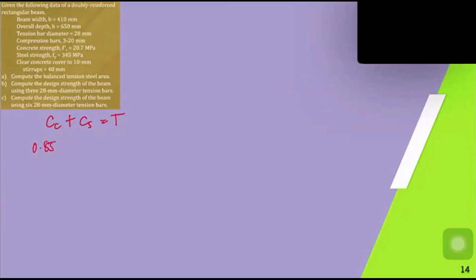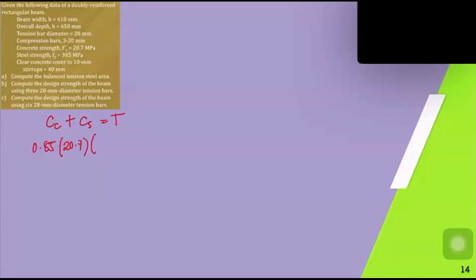Compute: Cc plus Cs equals T. 0.85 f'c prime, and now a.